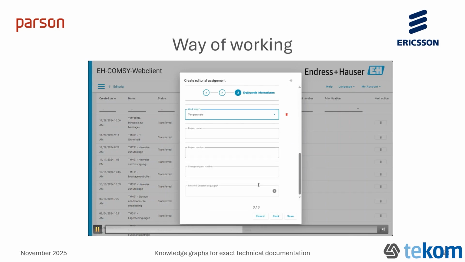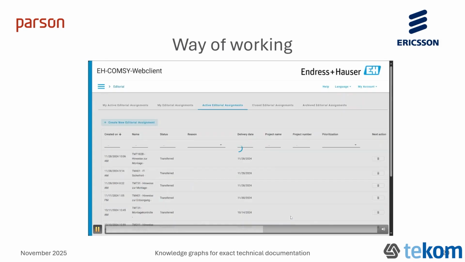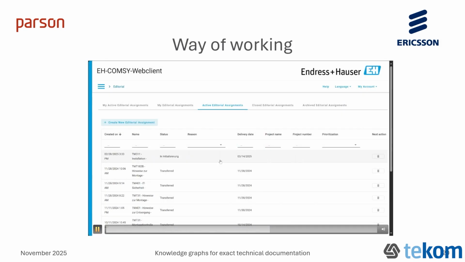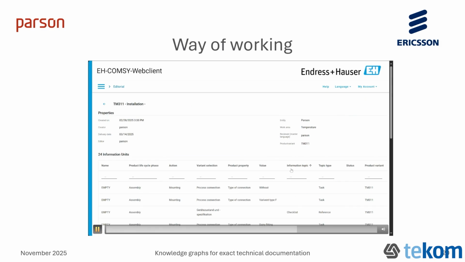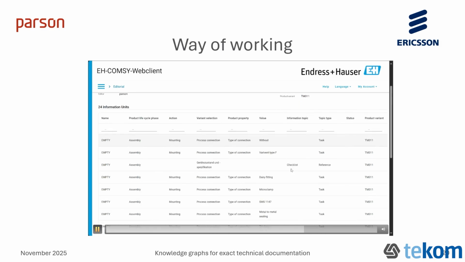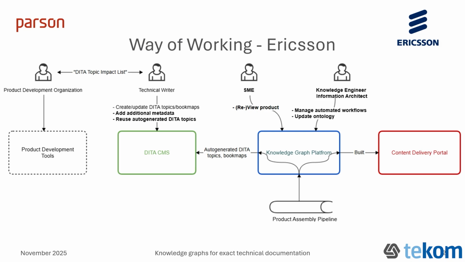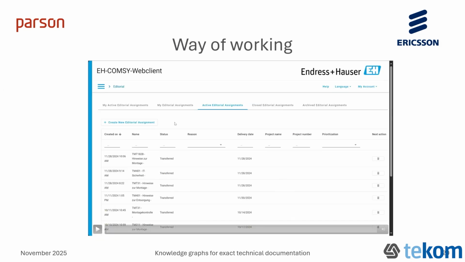I have to fill in some stuff like the deadline, who's responsible for writing, who's reviewing. And then the knowledge graph starts to collect information units. So you rarely start from scratch, right? You have a previous product variant, or it's a variant like a side product variant.